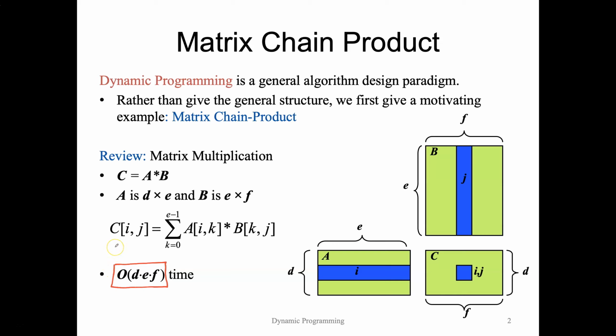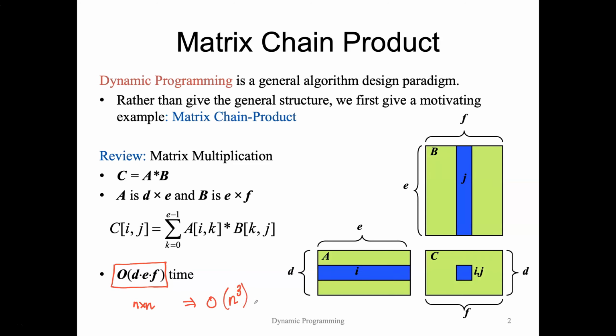Now, if we had two n by n matrices, this already gets to be pretty expensive. If A and B are n by n matrices, then we would get an n cubed running time.